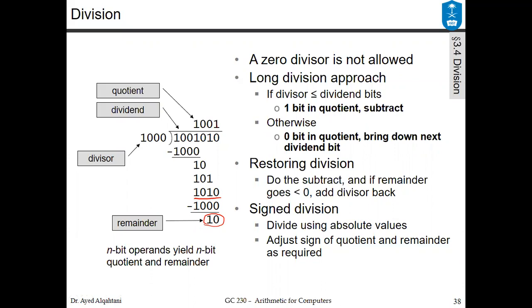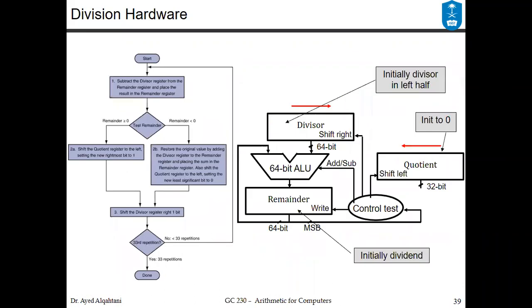Now, to do the division in hardware, we use this hardware, and if you look carefully, you'll see that it's very similar to the multiplication. The main difference is here. First, the shifting is in opposite directions.